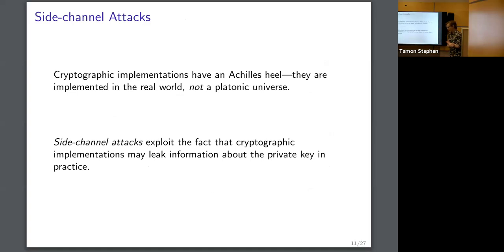Okay, but that is in trying to break RSA in theory, but in practice, cryptography has an Achilles heel, which is essentially that somebody has to do the decryption, right? Somebody has to know the private key.